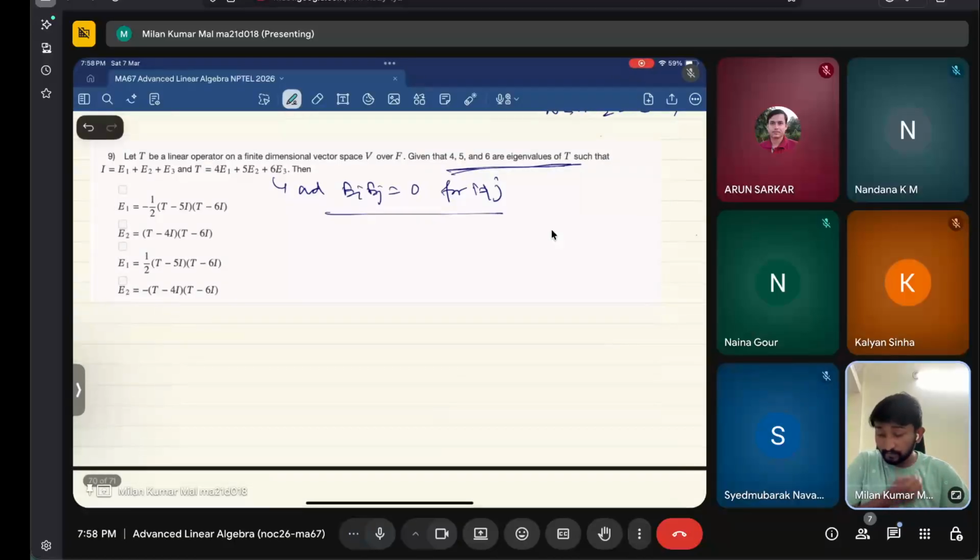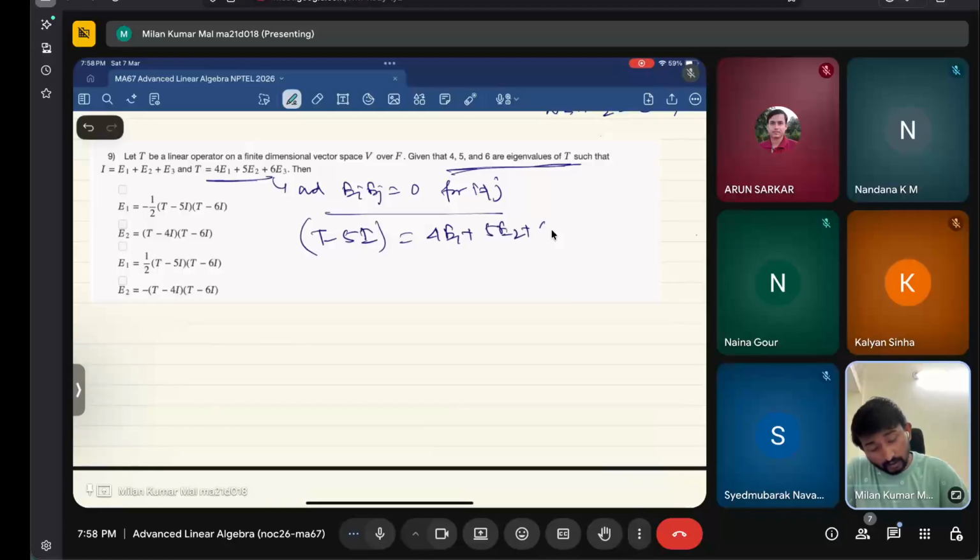So T is given in this way. T minus 5I, what is it? I'm trying to avoid the standard theorem and just using the usual calculations.